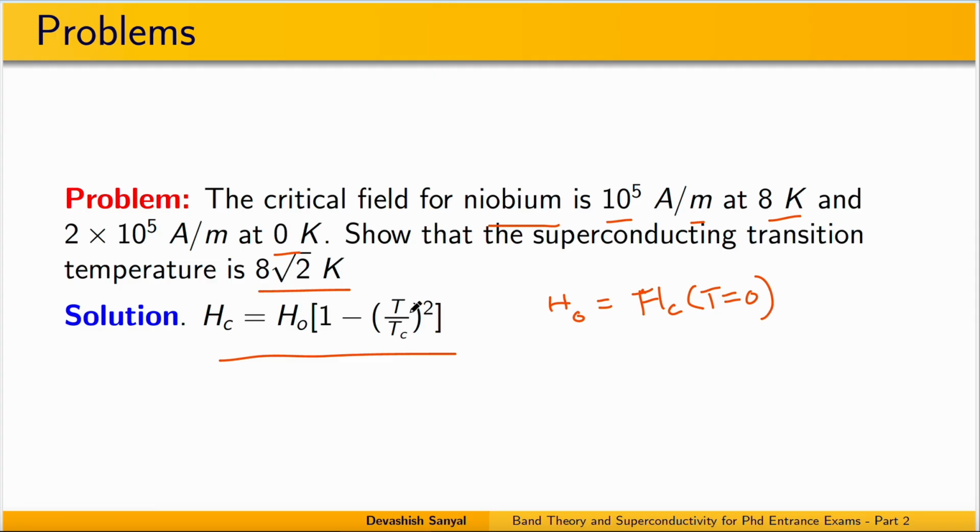H0 is given and HC is given at 8 degrees Kelvin. So from here you have to find TC. Once you know the expression, this is straightforward. What is TC?